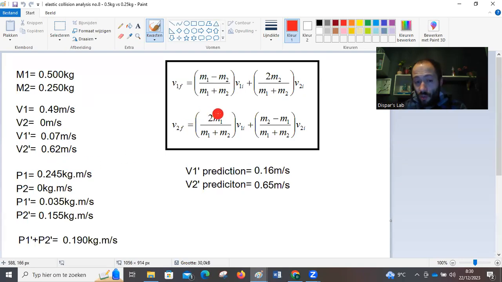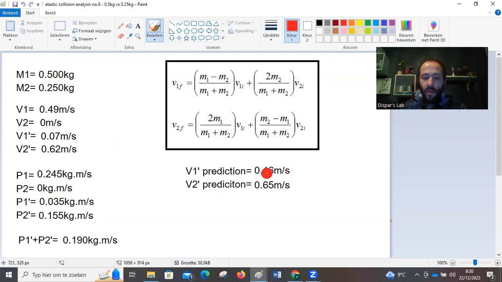The prediction for the red cart, the one mass, was 0.65 meters per second, and the measured velocity was 0.62 meters per second. So they are really close results. 0.65 versus 0.62, a really great match.